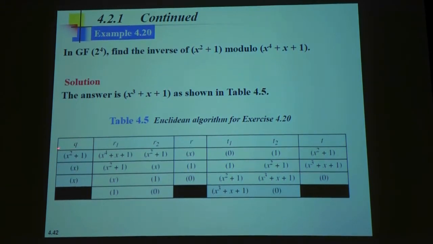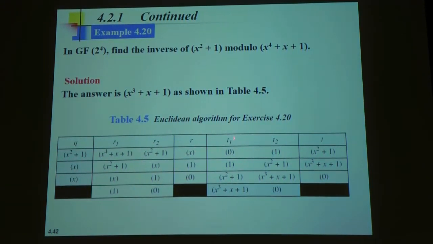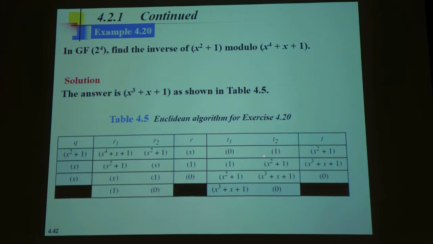And, you know, quotient and remainder and T1, T2. We already learned how to do that, right? We keep going until we have 1, 0. If we have 1, 0, that means there is a multiplicative inverse. If there is no 1, 0 at the end, there is no multiplicative inverse, right? And what is the multiplicative inverse now? It's here.